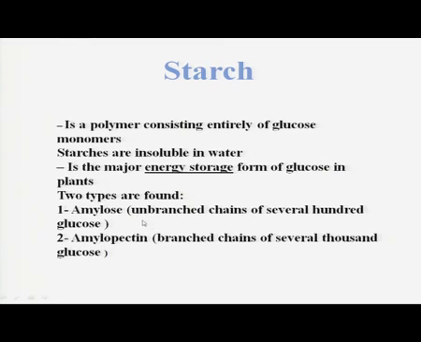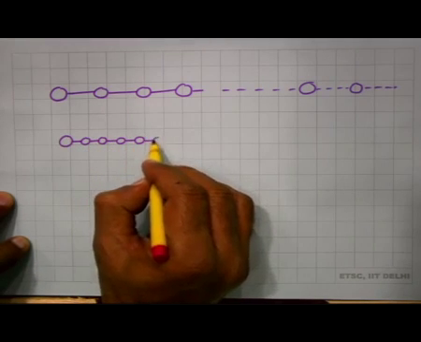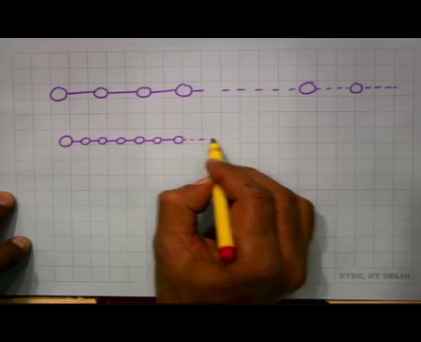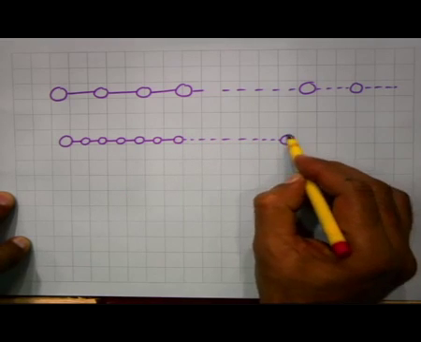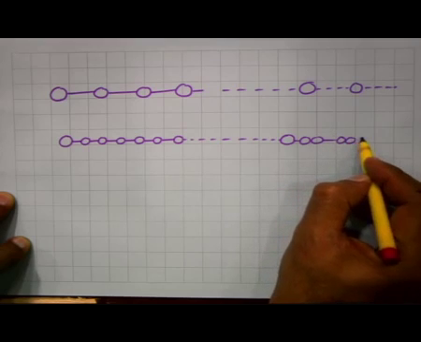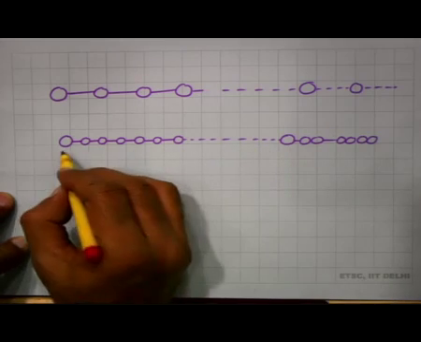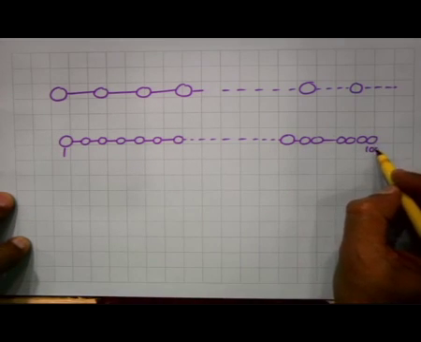Amylose is an unbranched chain of several hundred glucose molecules, connected with glycosidic bonds, but the glucose molecules are arranged in unbranched form. This one is 1, this one is the 1000.